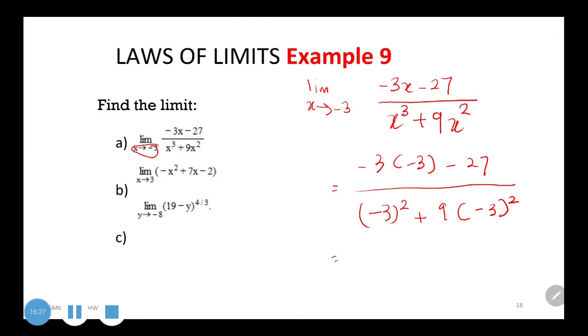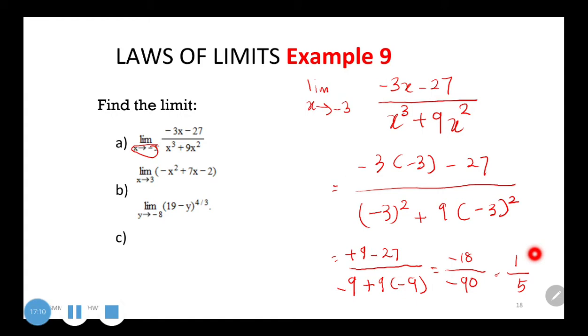Then you will get 9, we should get, and you can simplify it to 1/5.